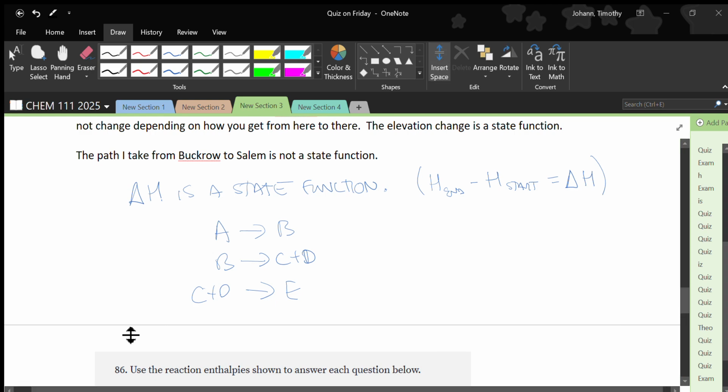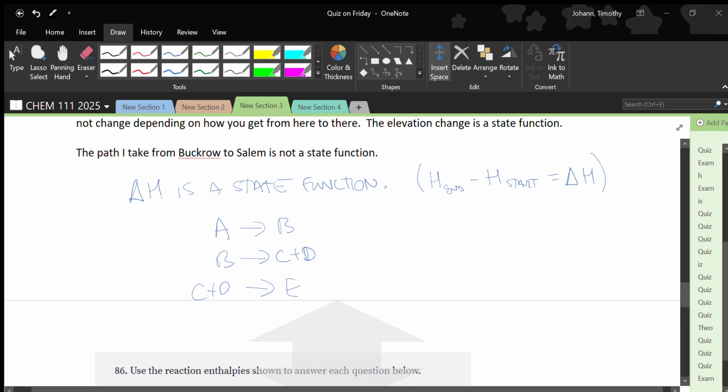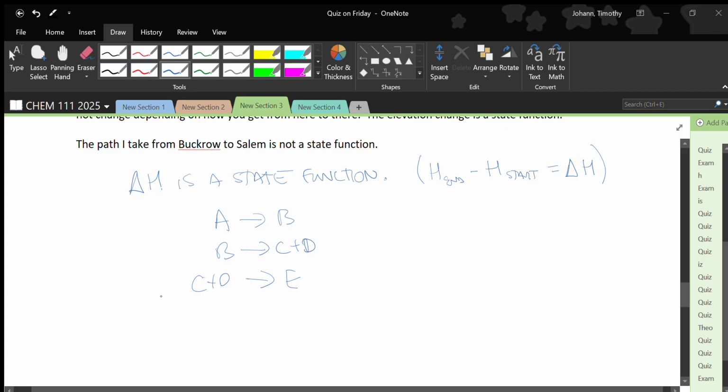What I can do, and let's say I have an enthalpy, I want to figure out the enthalpy change of A goes to E. Well, what I can do is, if I have an enthalpy change here, and an enthalpy change here, and an enthalpy change here, I can just add those all up and I'll get that process.